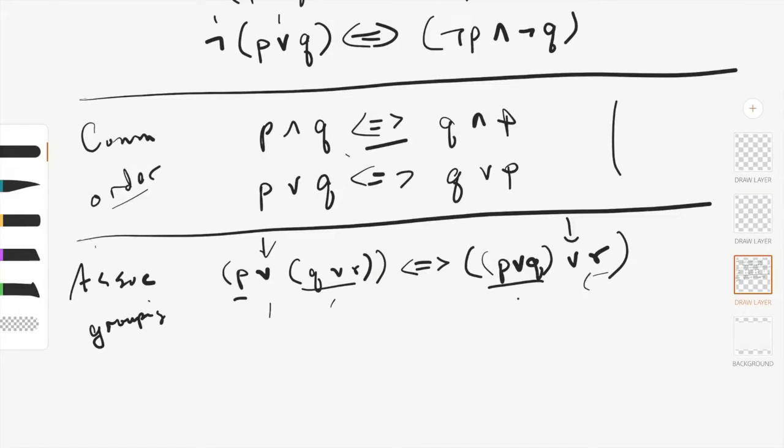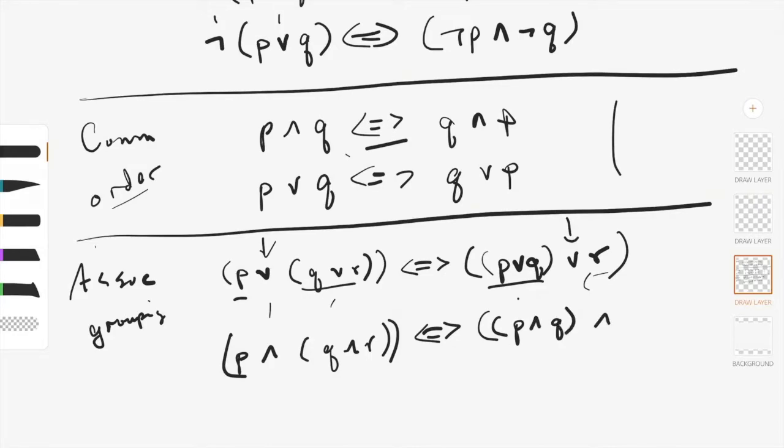Incidentally, try this for yourself. Try it with other operators. It so happens that it does work for conjunction. So what we have here is P and Q and R on one side, and it's logically equivalent to the regrouped version, P and Q and R. Again, here we have P, the major operator, and the rest of the expression.